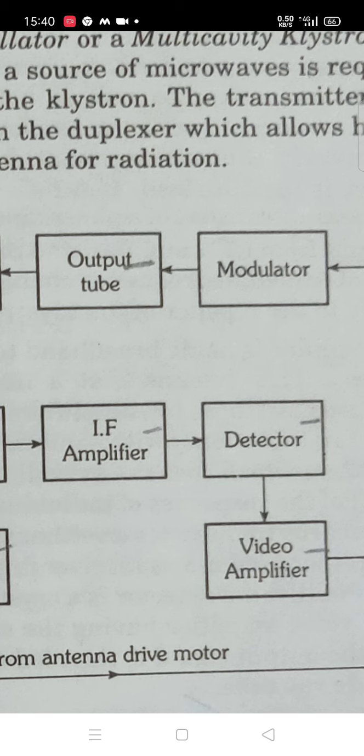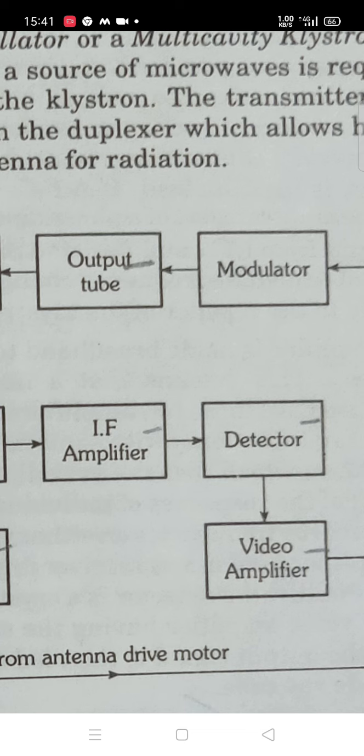Okay, this output tube can be a magnetron oscillator or a multi-cavity klystron amplifier. It is generally a magnetron oscillator or a multi-cavity klystron amplifier. In case of the amplifier, a source of microwaves is required whose output is amplified by the klystron.